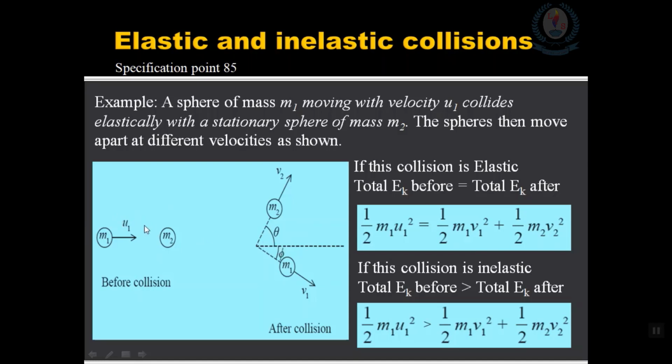Final kinetic energy, this one is not having any kinetic energy. Final kinetic energy, m2 v2 squared over 2, m1 v1 squared over 2. We add them. If the final kinetic energy is equal to initial kinetic energy, it's an elastic collision. If the kinetic energy after is less than the initial kinetic energy, it's an inelastic collision.